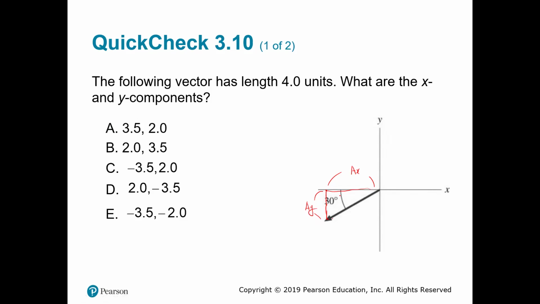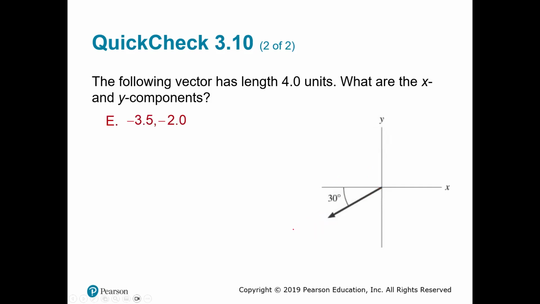Again, this is adjacent, so it's hypotenuse times adjacent, 4 cosine 30. This is opposite to the angle, so this is 4 times sine 30. But again, x position negative, y position negative, so they both have negative signs, right? So the answer is E.